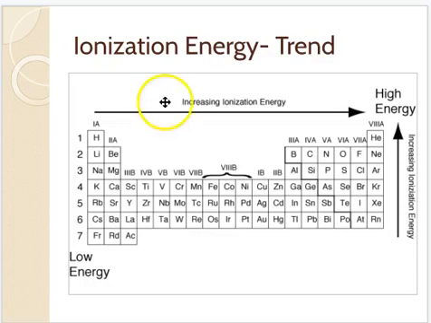So ionization increases from left to right, and then it decreases from top to bottom. Or in this case, they're showing you increases bottom to top. Again, this all relates back to the size of the atom and how close those electrons are being held.